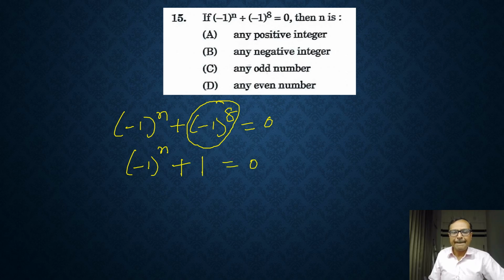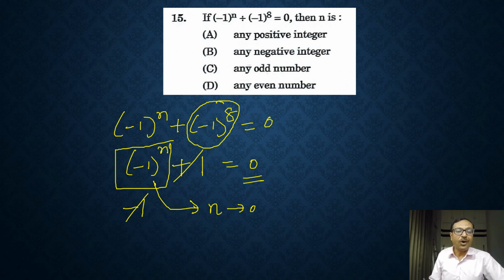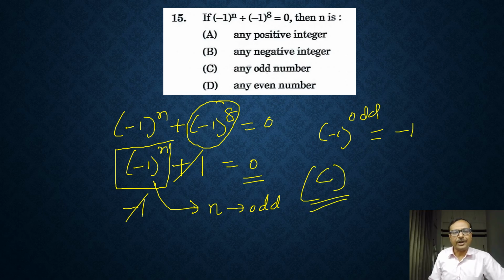So now if I want to get a 0, this part has to reduce to minus 1, so that minus 1 and plus 1 cancel out. When will this become minus 1? When n is odd, because minus 1 raised to an odd number is always minus 1. And so the answer for the question is C, any odd number.